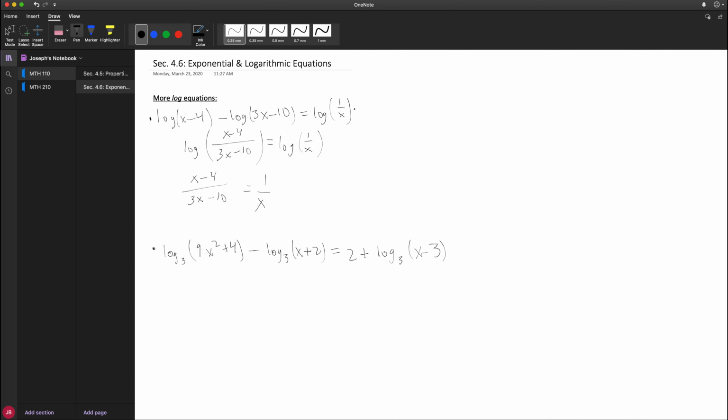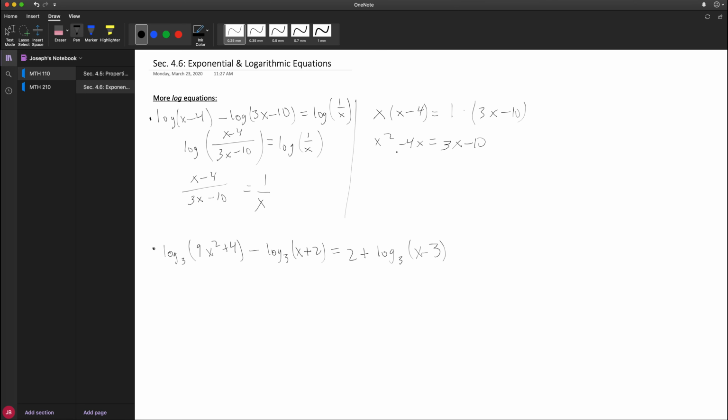So x times (x minus 4) has to equal 1 times (3x minus 10). Simplifying, we get x squared minus 4x equals 3x minus 10.